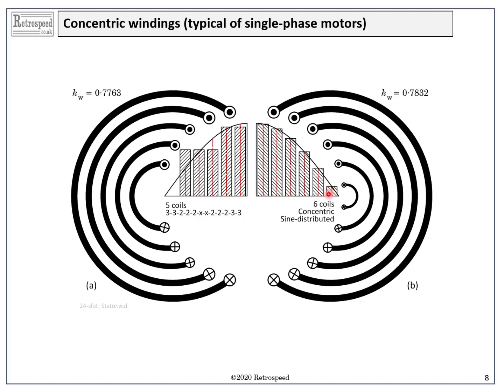But the point of this winding is to act as a theoretical reference as near as possible to a pure sine-distributed winding, which we hope will have no MMF harmonics. By the way, at the top we can see the fundamental winding factors, and it turns out that the winding factor of the practical winding is almost as good or almost as bad as that of the sine-distributed winding. Both of them are rather low, but we're digressing.